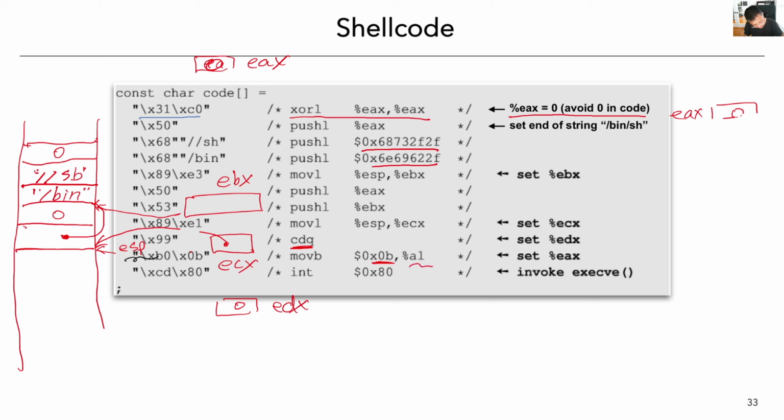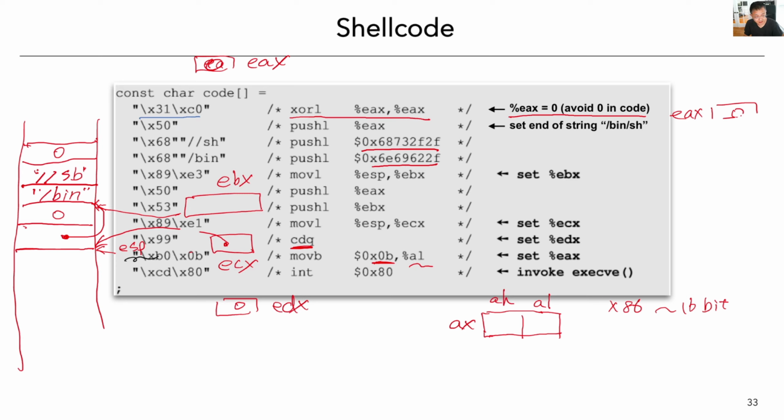So the AL is actually a historical structure for the x86 architecture. In the early days, x86 was a 16-bit architecture, so every register is 16 bits. The AX register is actually divided into something called AL and AH.